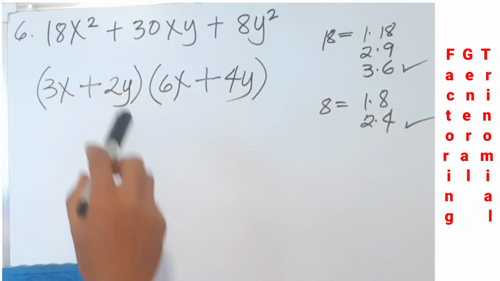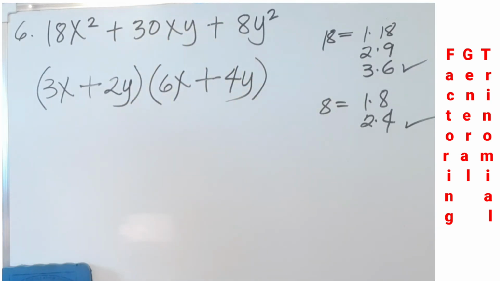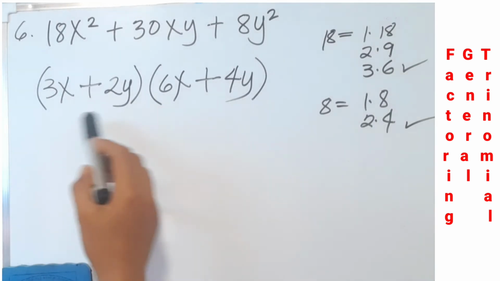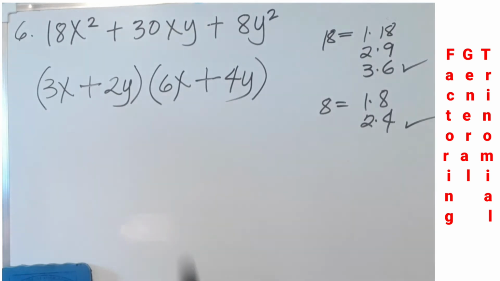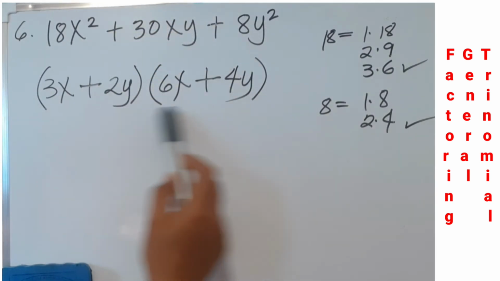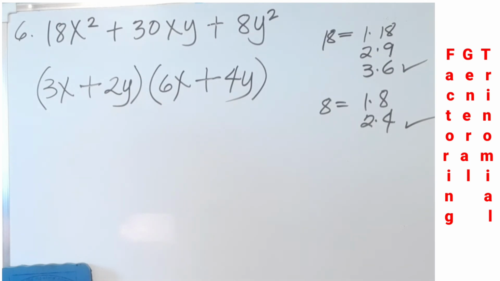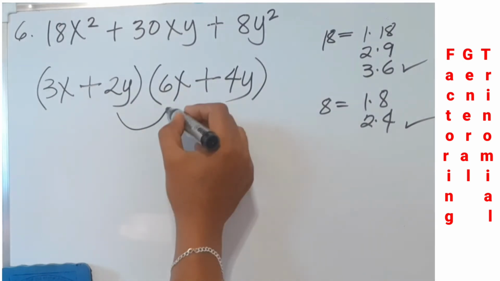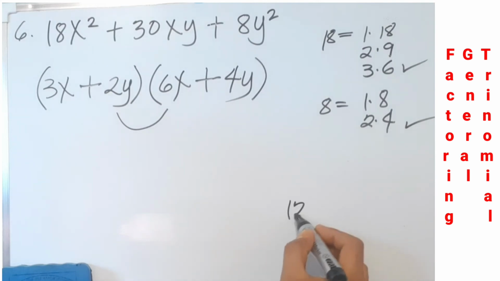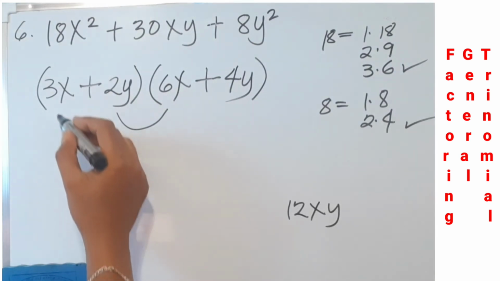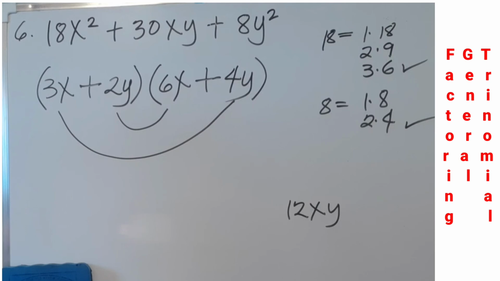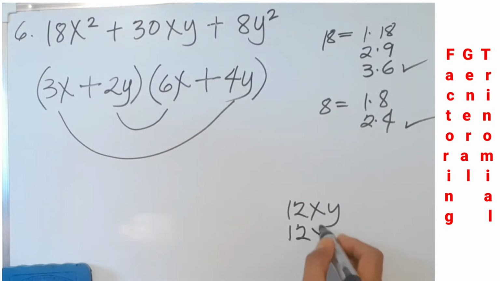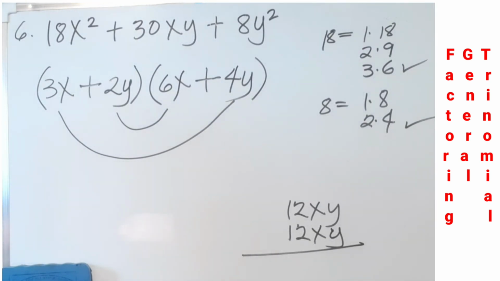Then let us determine 30xy so that we can say this adds up. And again, let us multiply and add the inner terms and the outer terms. If their sum is 30xy, this combination is already correct. Okay, let us try. 2y times 6x is 12xy. 3x times 4y is 12xy. 12 plus 12 is 24xy.